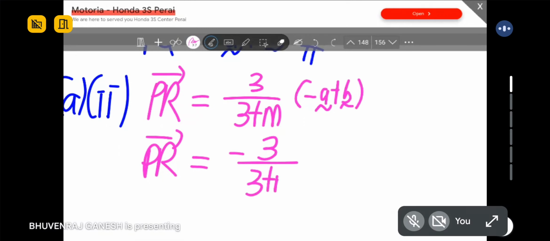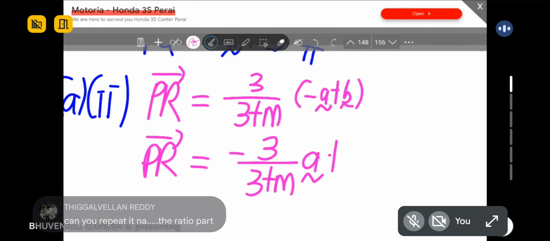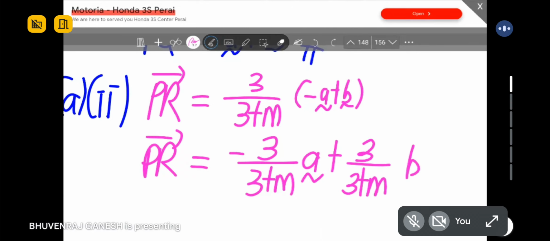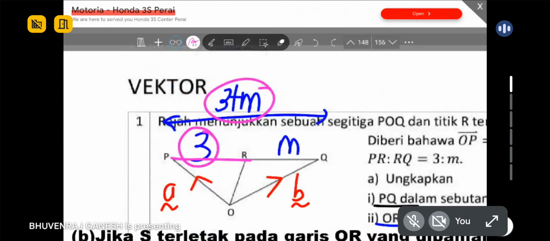So you will get like this. If you expand, you get something like this for PR. Okay, ratio part, I repeat. Very simple, guys. Now I want to find the vector for PR, the green one. How do you get it?